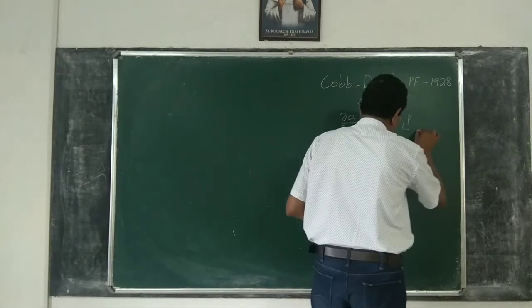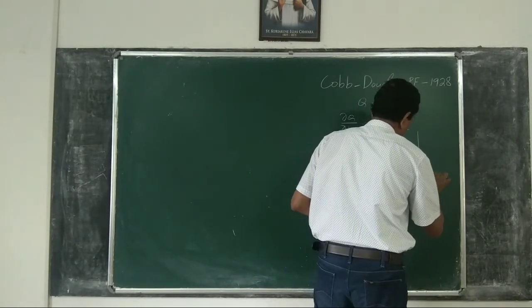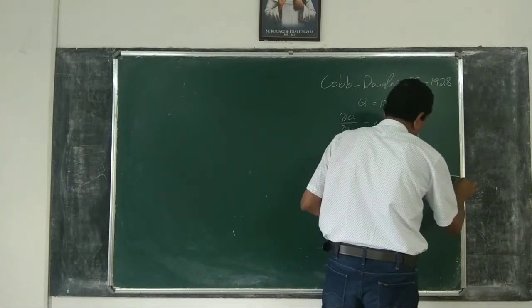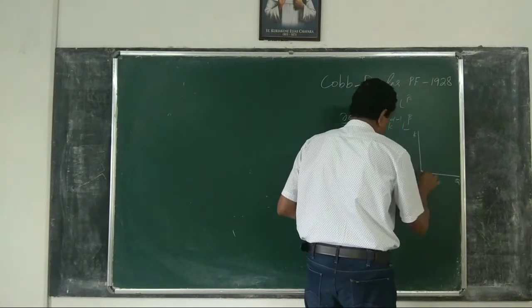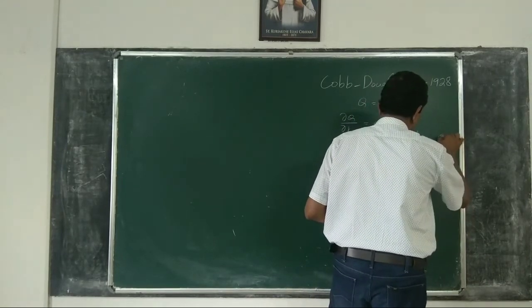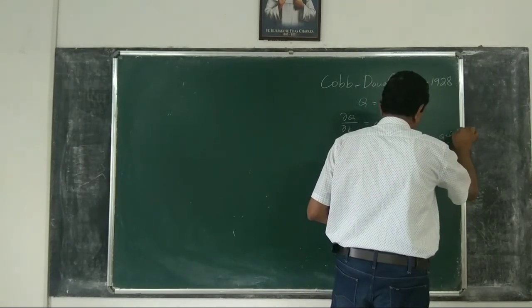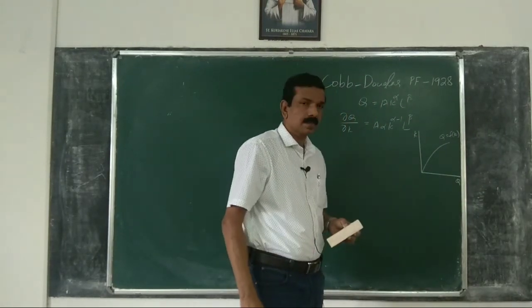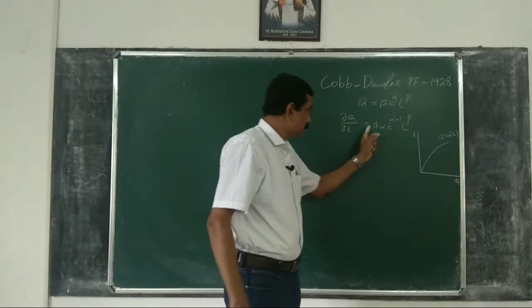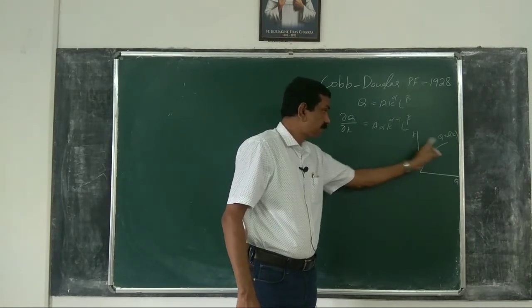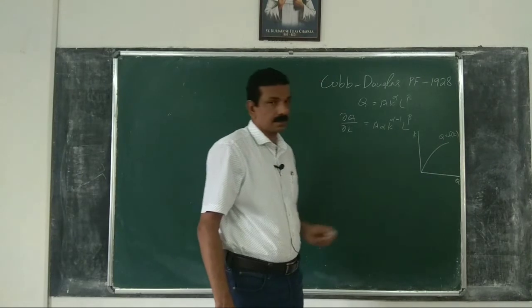That is, if we take K here, Q here, this is the function showing Q as a function of K. We can take it as Q as a function of L also. Anyway, ∂Q/∂K is the slope of the production function.